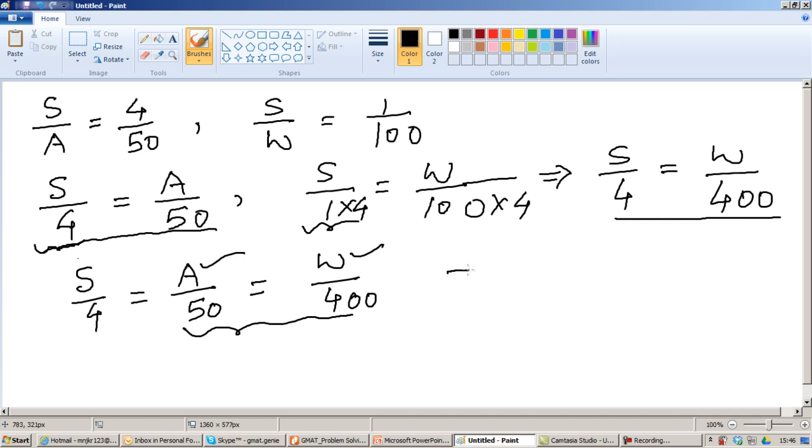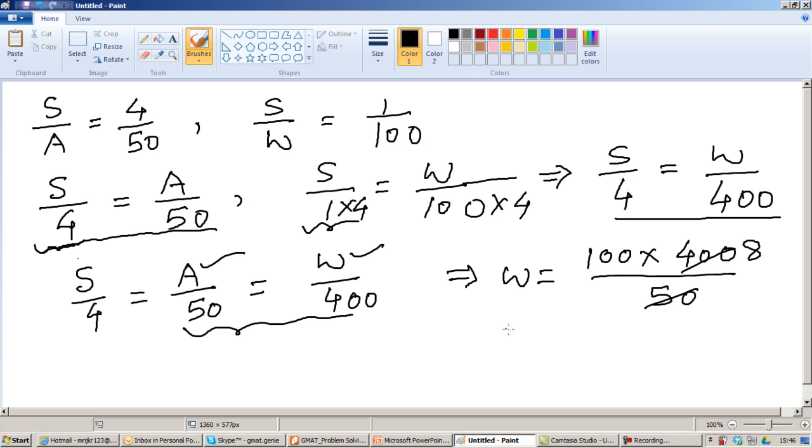Alcohol, as it's given, is 100 cubic centimeter. So water is 100 times 400 upon 50. So it cancels out, and the content of water is 100 cubic centimeter or 100 cc, right?